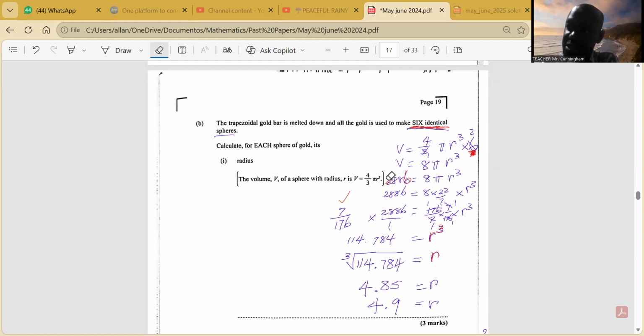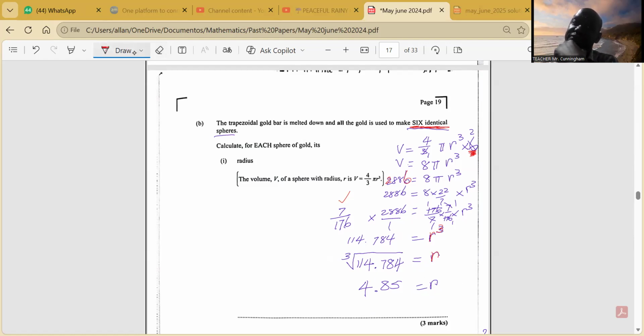And you will get, just leave it as is, r is 4.85. All right, so that is the radius. That's correct. Kind of confusing, but leave it as that.